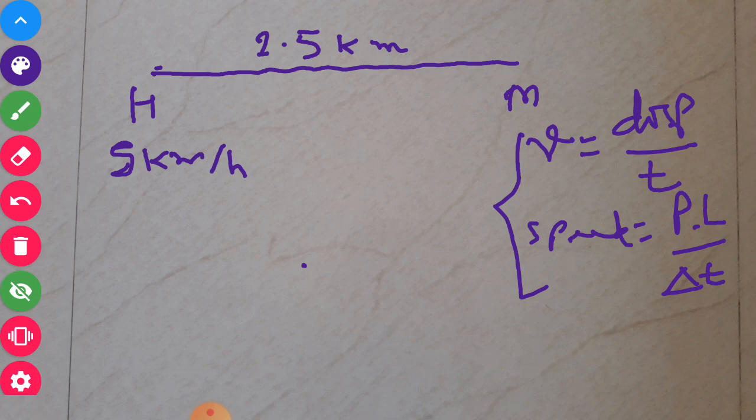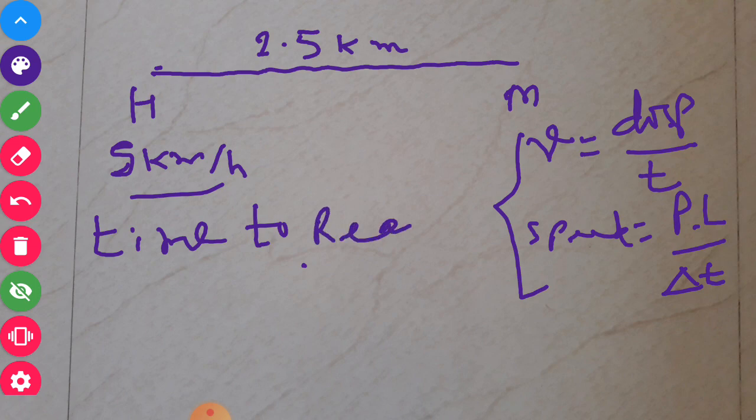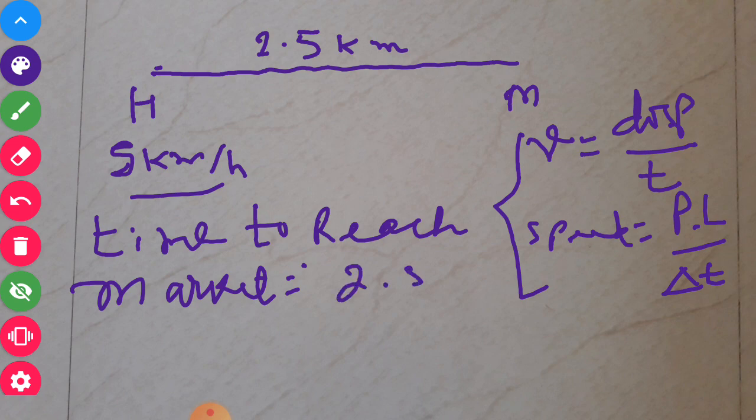He is moving at the speed of 5 km per hour, and the time to reach market is nothing but displacement upon velocity, so 2.5 upon 5 km per hour. So 1 by 2 hour he will take, or we can say 30 minutes.